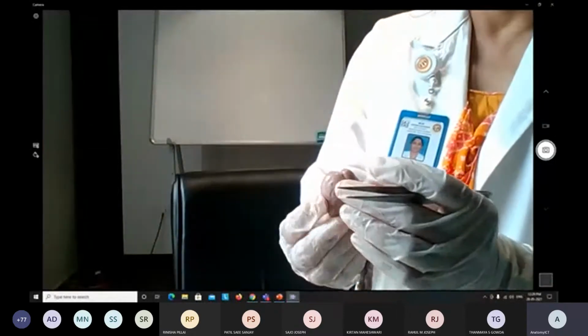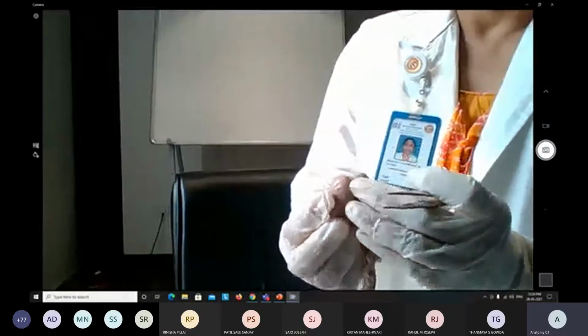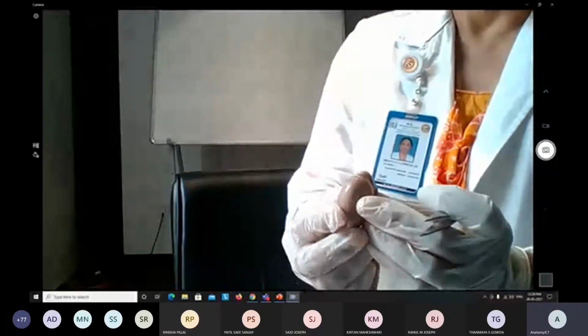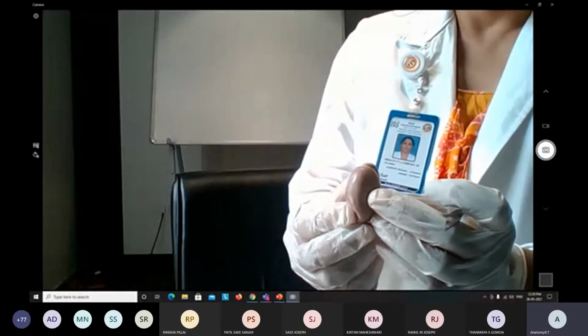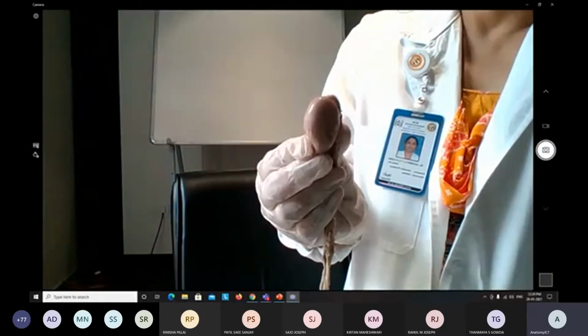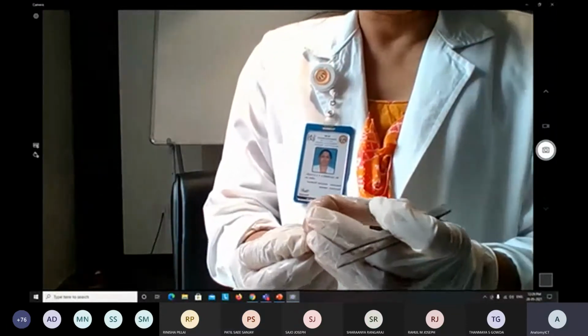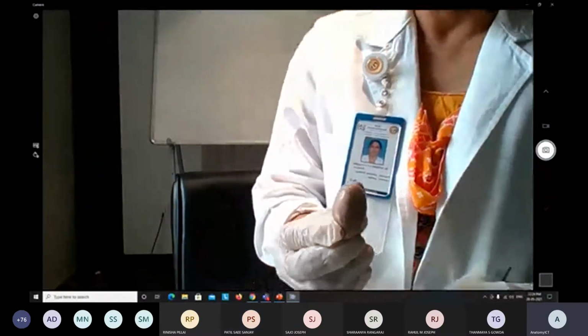So I told you the sinus of the epididymis will be present posterolaterally. So I am holding it posterolaterally. Which side is it now? Right side. Posterolateral. Yes, very good. It is the right side. So that is how you have to identify the side.